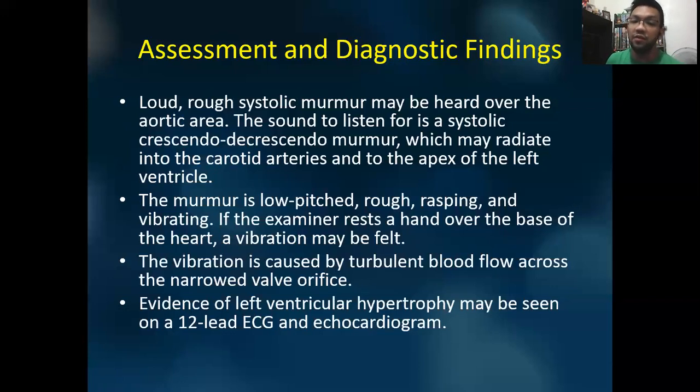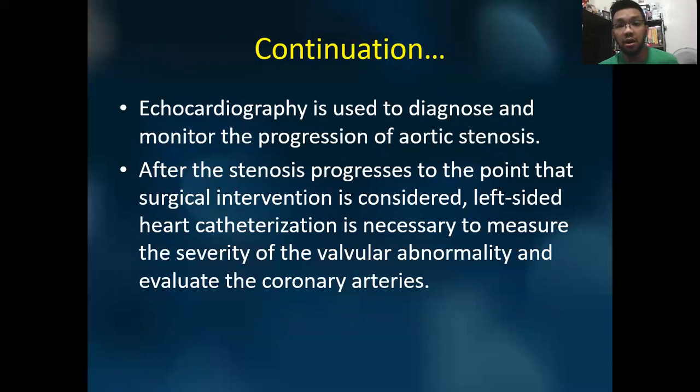And evidence of left ventricular hypertrophy can be seen on the 12-lead ECG or through echocardiography. So through sonogram, the doctor will be able to see that hypertrophy. Echocardiography is used to diagnose and monitor the progression of aortic stenosis. So every now and then, the patient will undergo echocardiography.